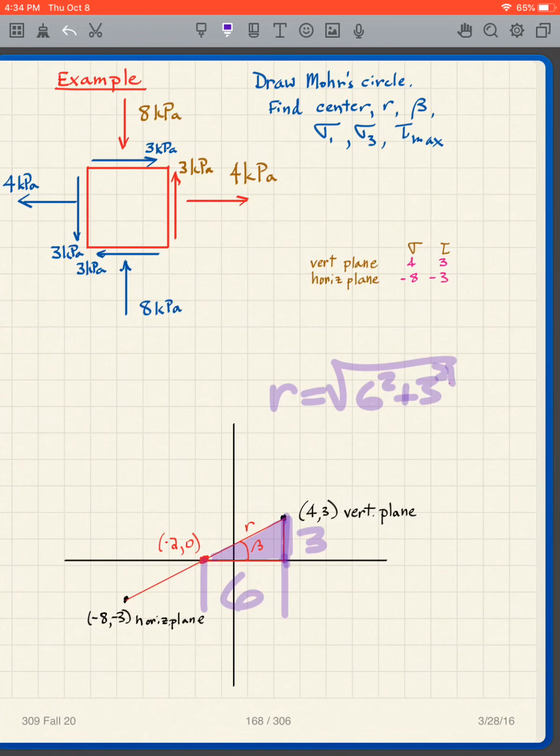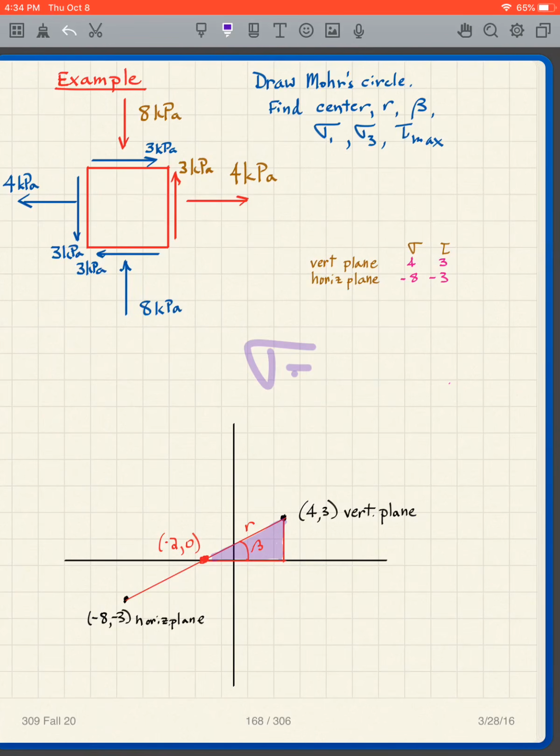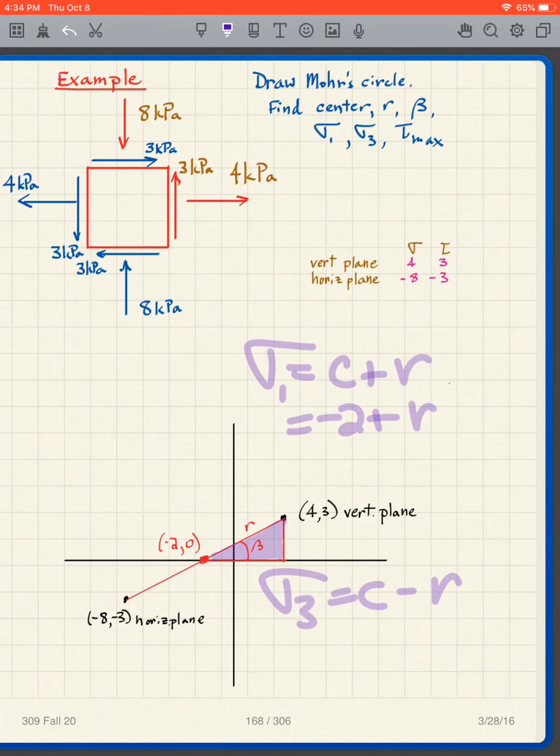And that means that my sigma 1, which is the center plus the radius, is going to be -2 plus the radius. Sigma 3 is the center minus the radius, so it's going to be -2 minus what we calculated as the radius, and then we can get beta.